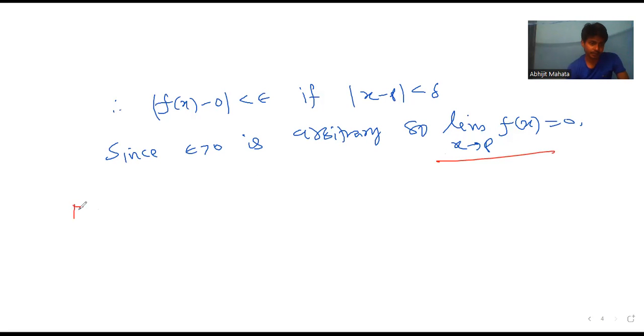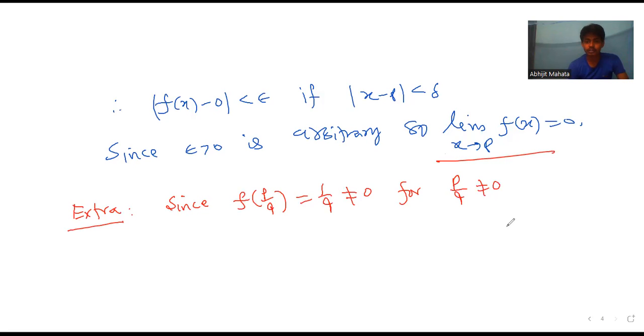Now it is the extra part. If you look at the function, since f(p/q) equals 1/q, which is non-zero for p/q not equal to 0, so non-zero rational number, this implies that f is not continuous at p/q, because the limit is 0 and at p/q the functional value is 1/q. So the limit is not equal to the functional value, so not continuous.